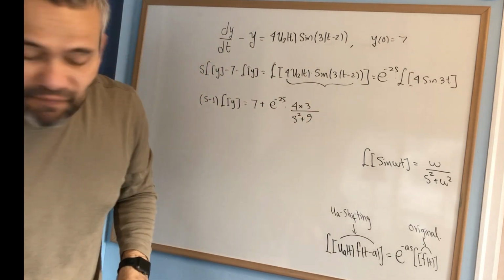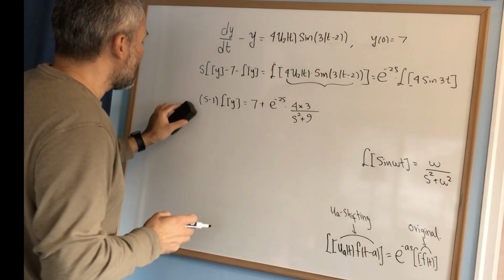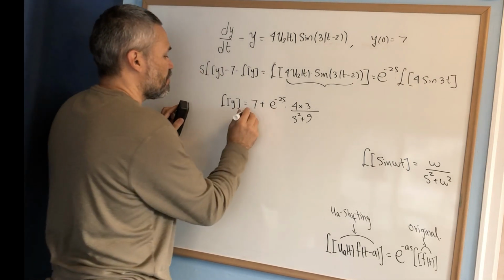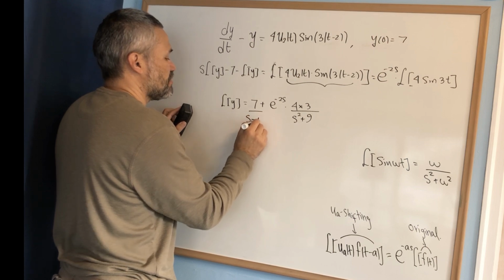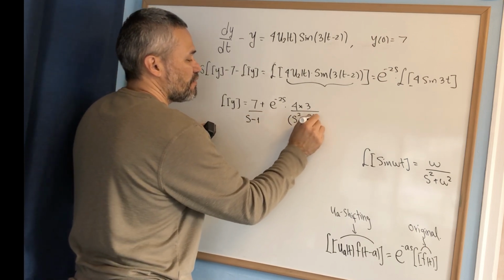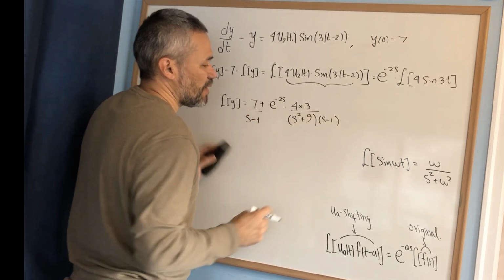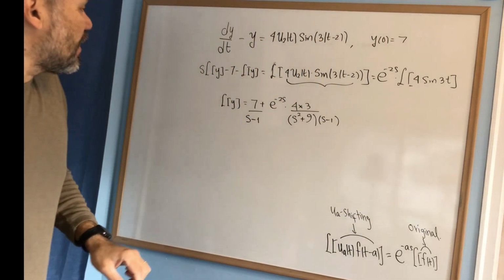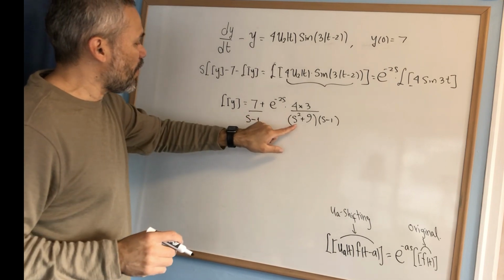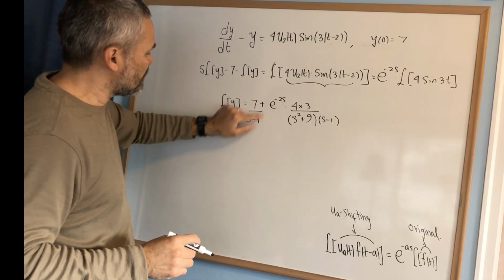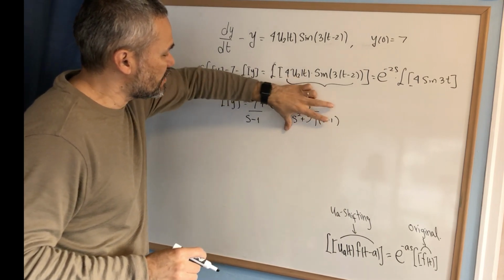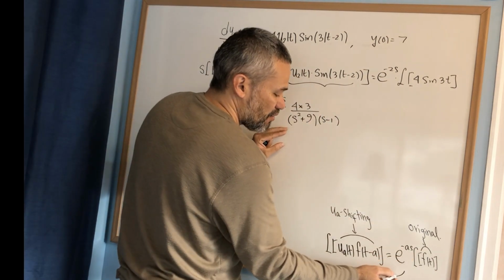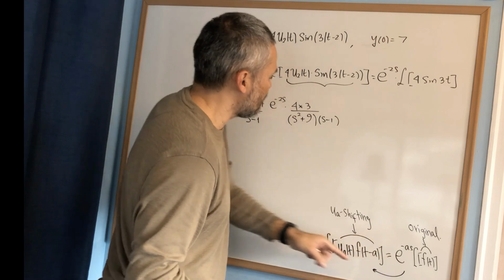And then we solve for the Laplace transform of y by dividing by s minus 1. Then we want to find the inverse Laplace transform of this, which is easy, and the inverse Laplace transform of this part, so that we can use this formula from right to left.